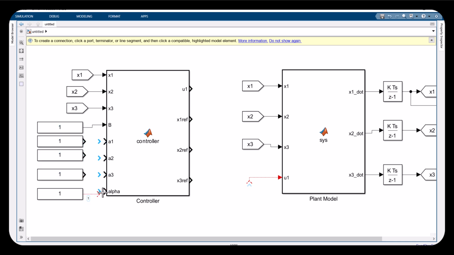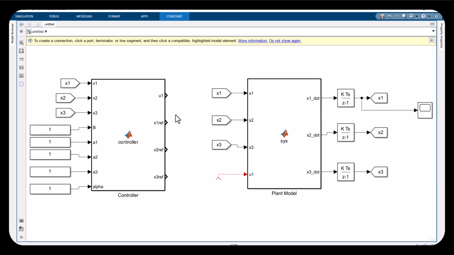I double clicked and typed constant, and there it was. These are the reference values that I can send somewhere. So I can say x1 reference, x2 reference and x3 reference, because I will need to compare the values.